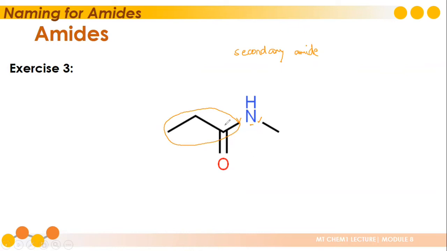So this is now 1, 2, 3. We have a 3 carbon chain length. Since this is a 3 carbon chain, this is propanoic acid. We will be dropping the "oic acid" suffix and changing it to "amide." So this will now be propanamide.